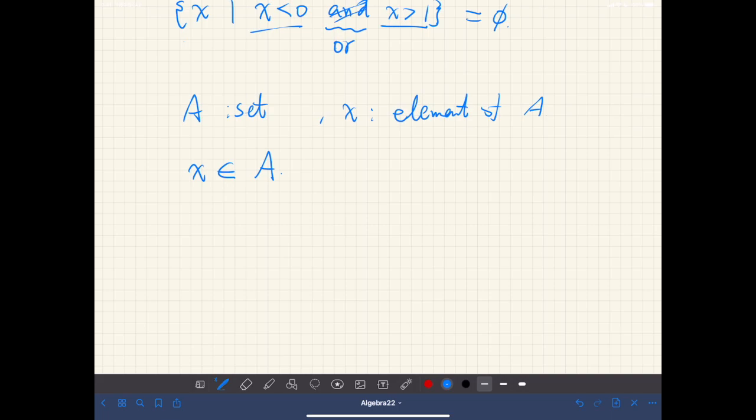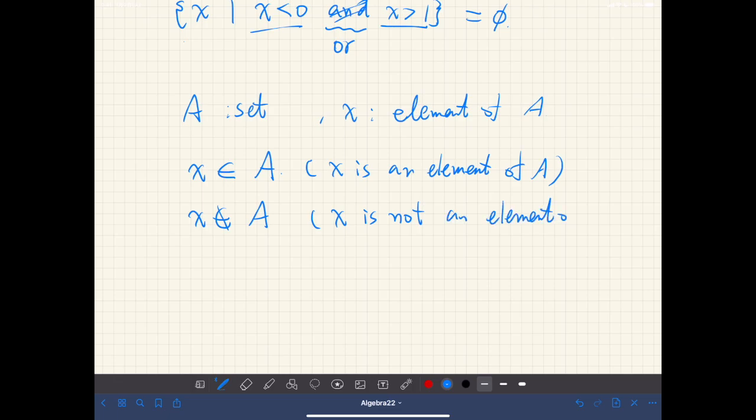And if x is not an element, then we write x is not an element of A. So this is the complement or negation of this: x is not an element of A.